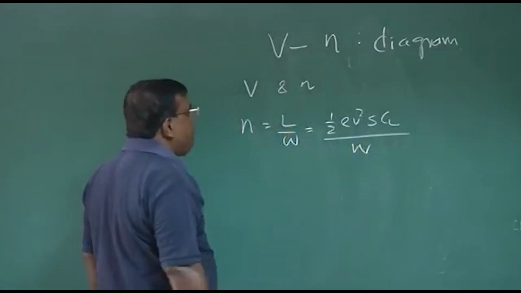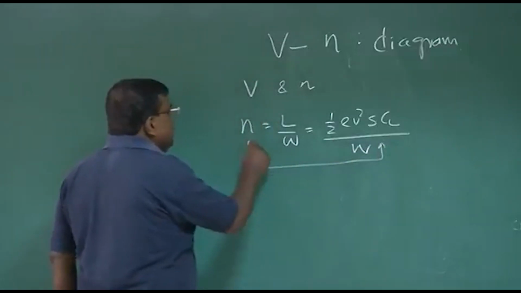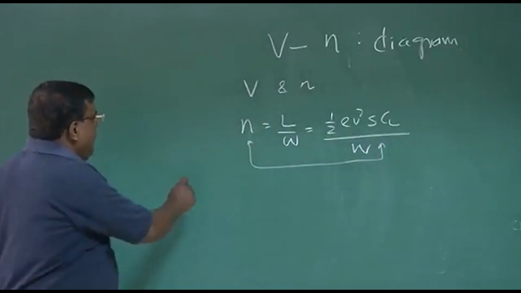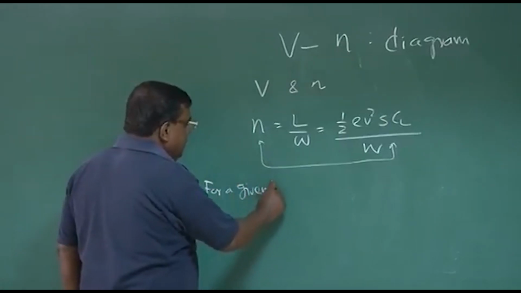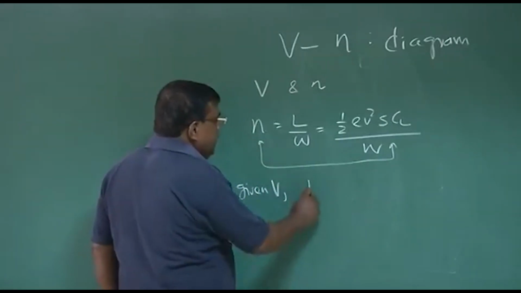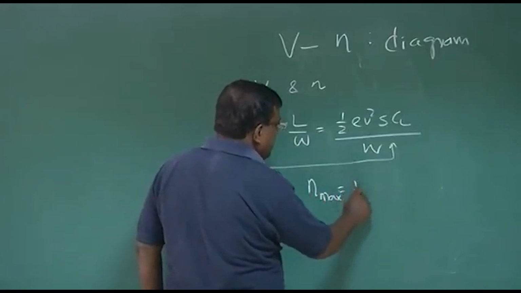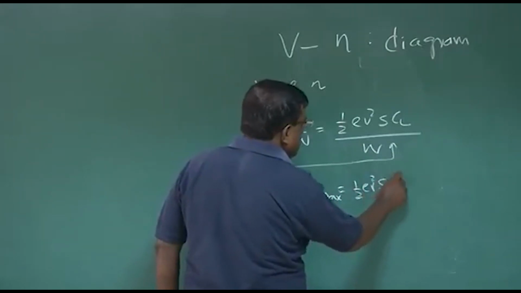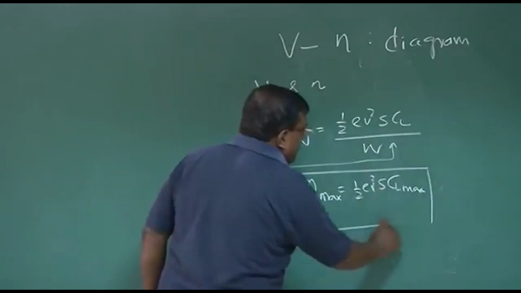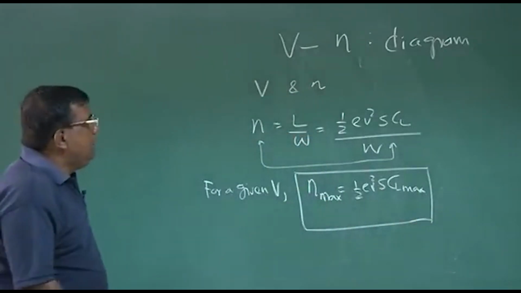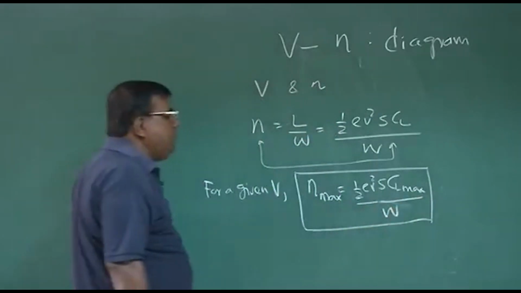Now I can use this equation to understand two things. One is that for a given V, N max is simply half rho V square S CL max, divided by, of course, W. What is the message here?